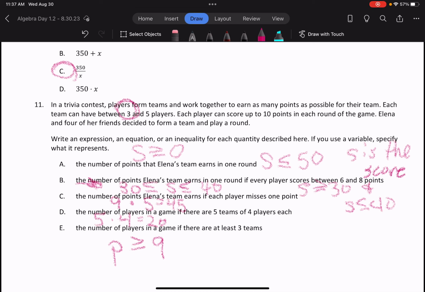We could also say that it's 15, right? That there's a relation there with 3 teams and 15. However, there could be 4 teams, right? There could be 5 teams. And so then that number would be increasing and increasing, and we know that it needs to be at least 9. All right, so we don't need to add any other qualifiers other than P equals players.